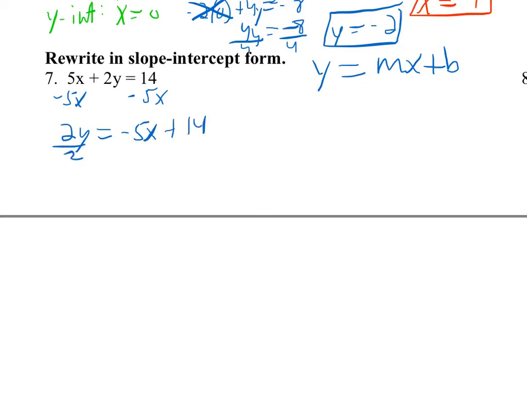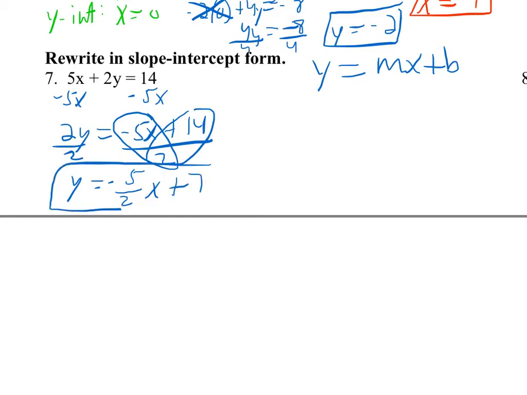And then we divide by 2. Now everything on the right side must be divided by 2, which means we'll get negative 5 halves x, and then 14 divided by 2, which is 7. And this is slope-intercept form.